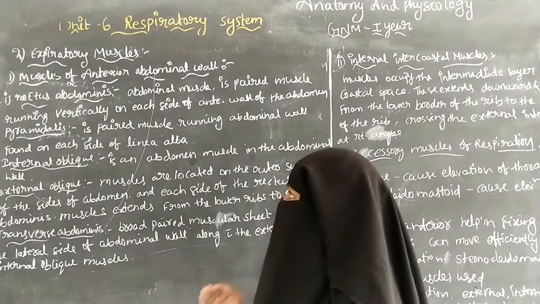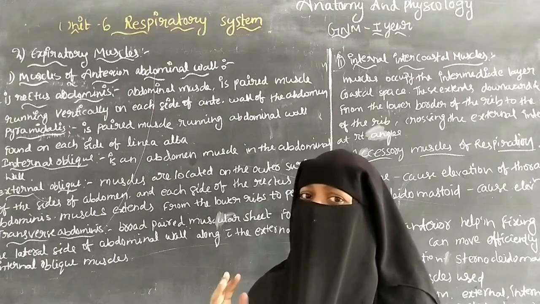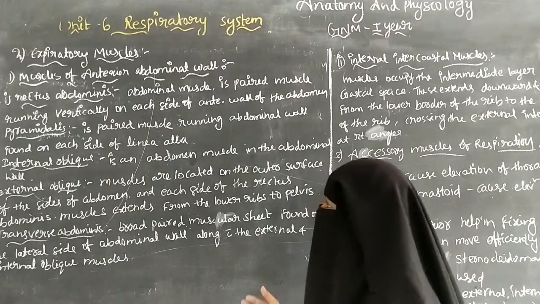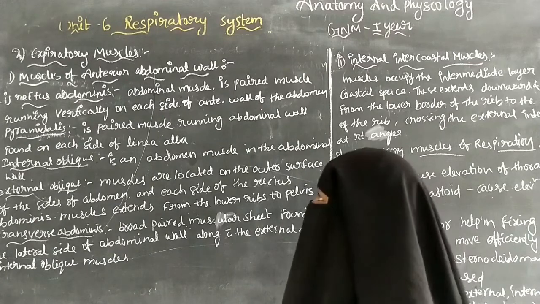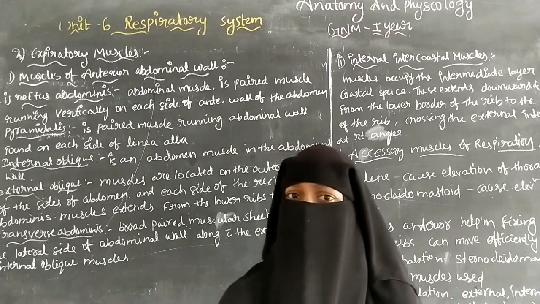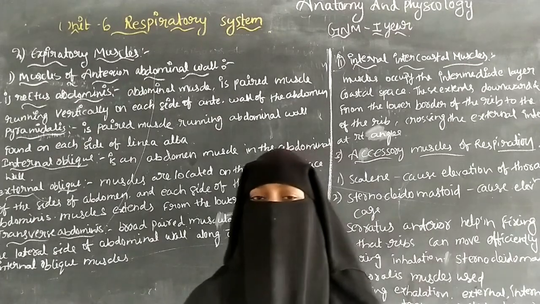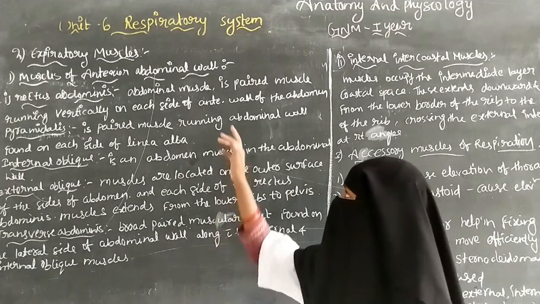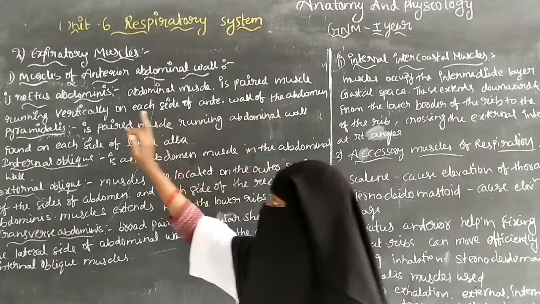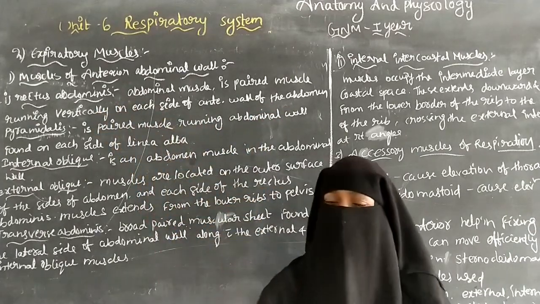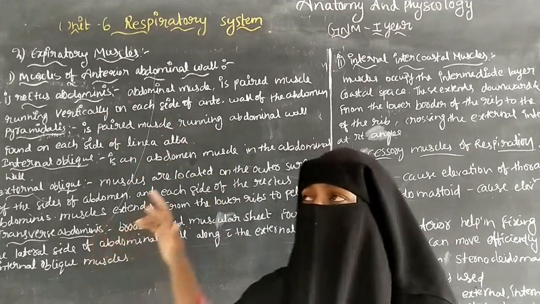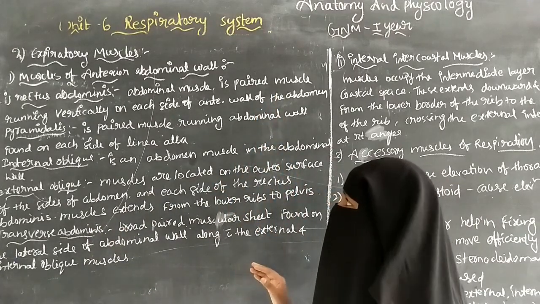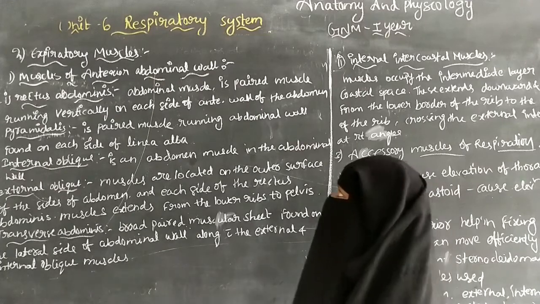So the Rectus Abdominis runs vertically on each side of the anterior abdominal wall, passing through the anterior wall of the abdomen. It is one of the anterior abdominal muscles.